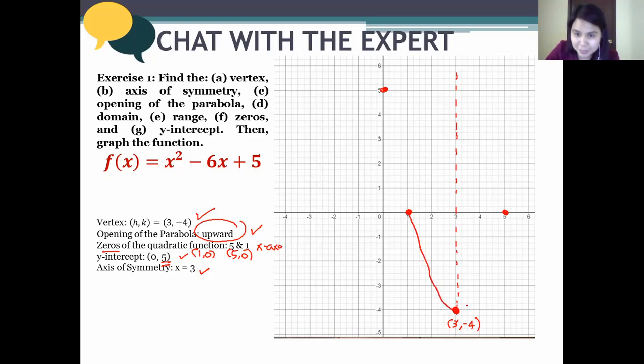Sorry for my drawing. Be sure to have the arrows at the end, because it means that the graph never ends. That's the graph now. We'll label it: f of x equals x squared minus 6x plus 5.